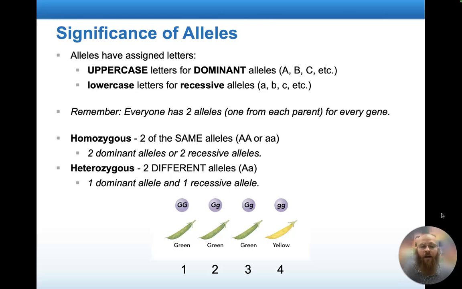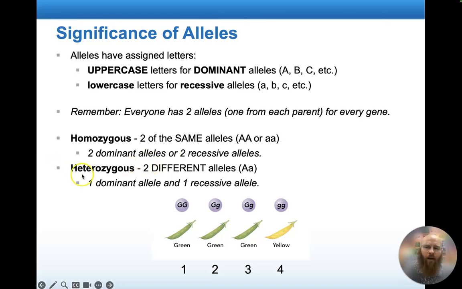So if I get both dominant alleles, one from mom, one from dad, then I would say that I am homozygous dominant, and that's what we would represent with 2 capital letter A's. If I happen to get both recessive versions, one from mom and one from dad, then I would have homozygous recessive as my combination.